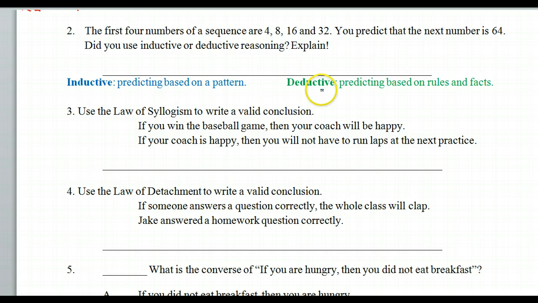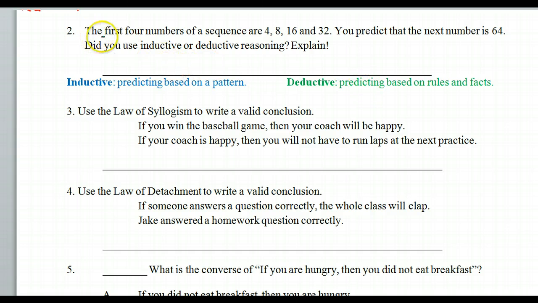Deductive reasoning is what you're doing when you're following rules and facts, and you're going from one step to another. When you arrive at a conclusion based on deductive reasoning, it's really not a guess. It's more or less a fact.